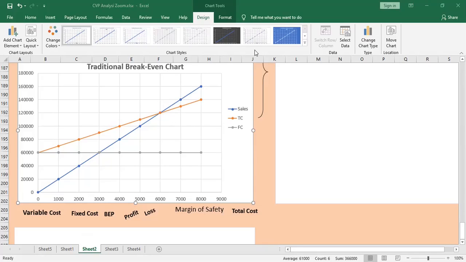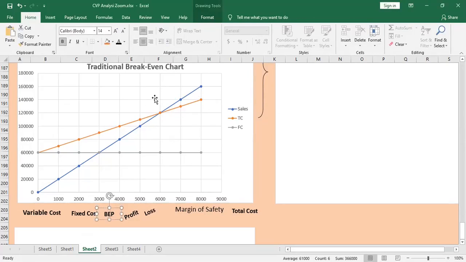Now you can see at this point, when the total cost curve intersects with the sales curve, we have the break-even point. This point we call the break-even point.